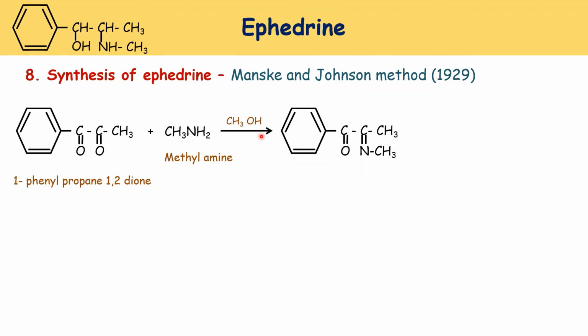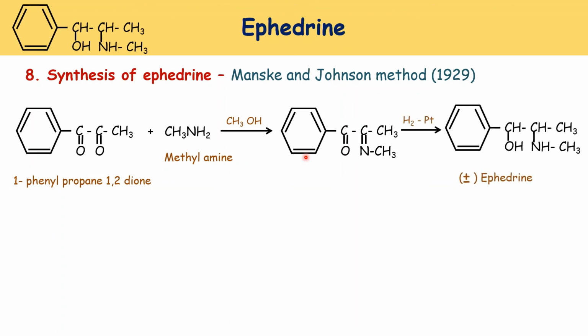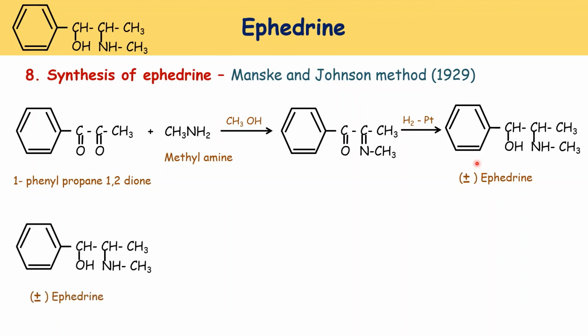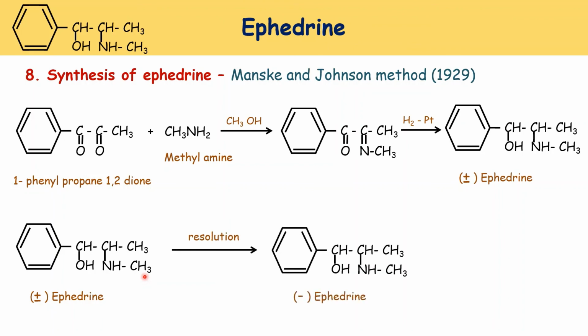Then a condensation product is obtained, which upon reduction gives racemic ephedrine. And that racemic ephedrine upon resolution gives levorotatory ephedrine. And this is the structure of ephedrine, that is the constitution of ephedrine.